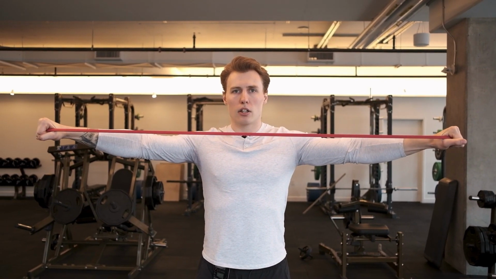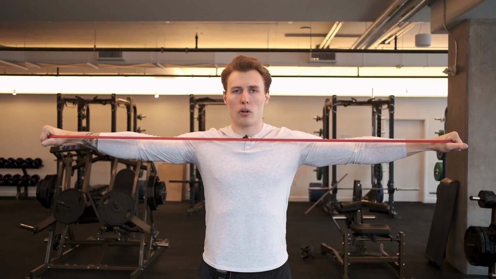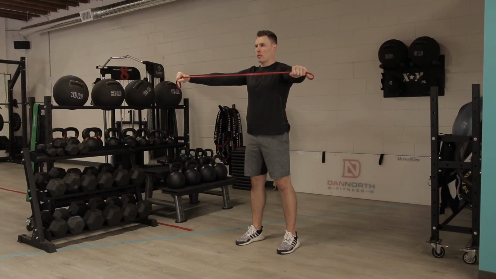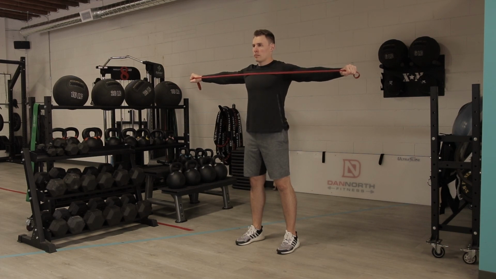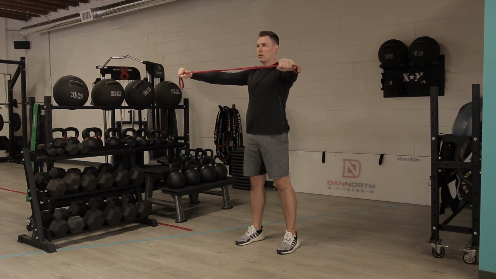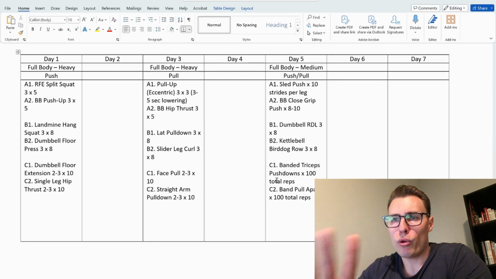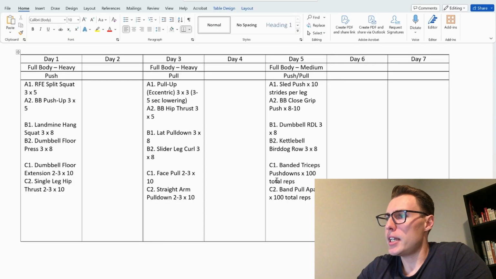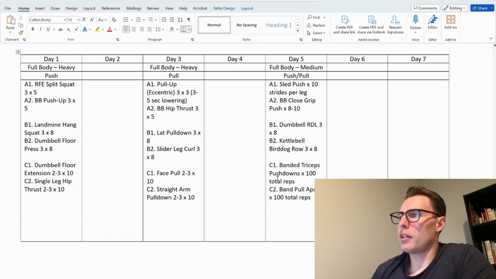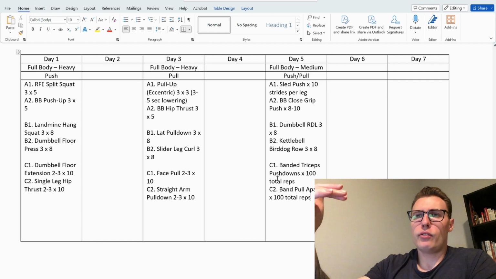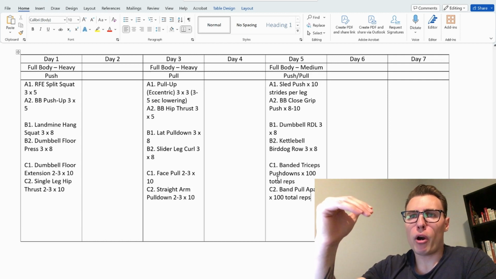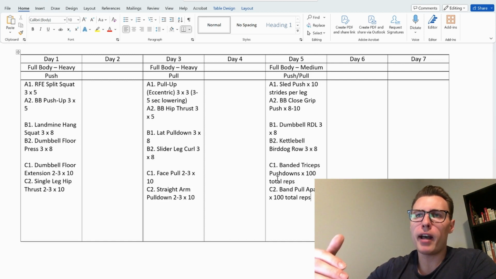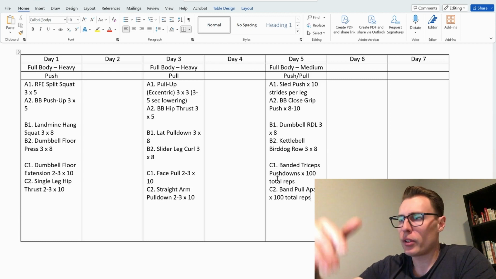And what I will often do, if I'm getting a client to do 100 total reps, is say you've got to get 100 total push downs or 100 total band pull aparts in no more than 4 total sets each. So what that means is that they might do 25 tricep push downs, 25 pull aparts, and go back to another 25 tricep push downs and another 25 pull aparts until they hit 100 of both.